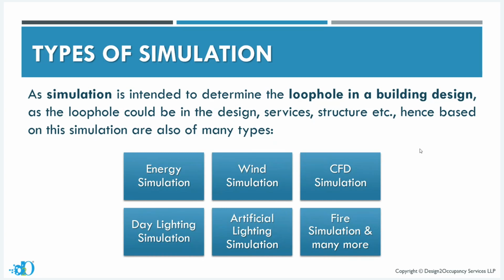Like energy simulation, wind simulation, CFD, computational fluid dynamics simulation, daylighting simulation, artificial lighting simulation, fire simulation, and many more. So there are a lot of simulations in which we give particular inputs, we check many of the things which are associated with each other, and then we see how we can optimize the building. So this is what the simulation definition is.